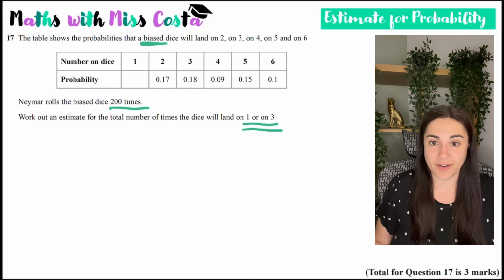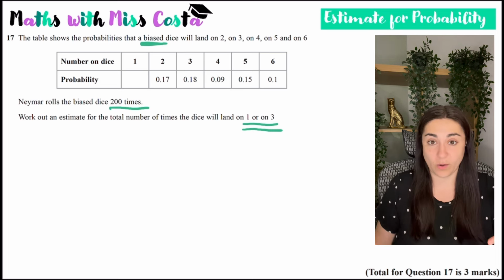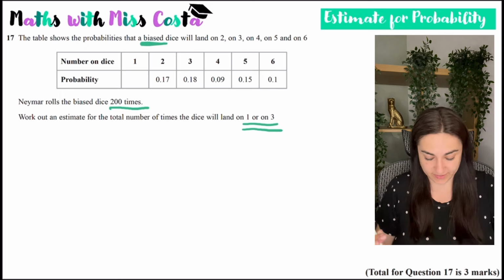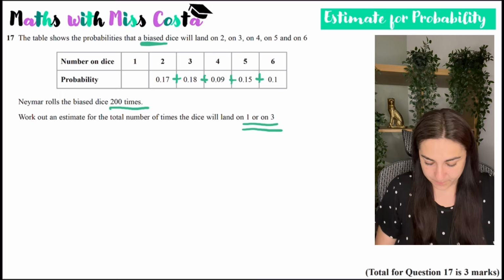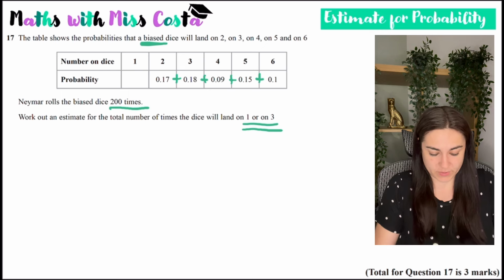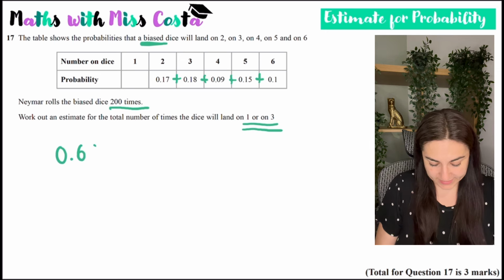So first of all, I know that probability always sums to 1. So the probability of it landing on a 1, 2, 3, 4, 5 or a 6 must all add to 1. So what I can do is add all these probabilities together. So if I add them all together, 0.17 plus 0.18 plus 0.09 plus 0.15 plus 0.1 is 0.69.